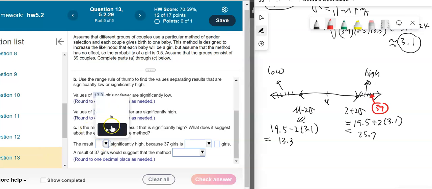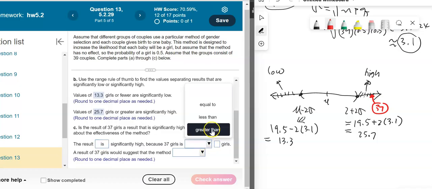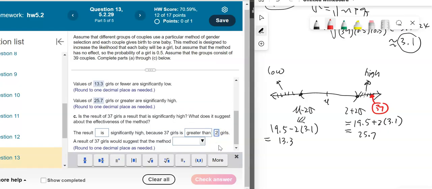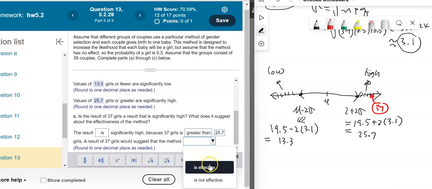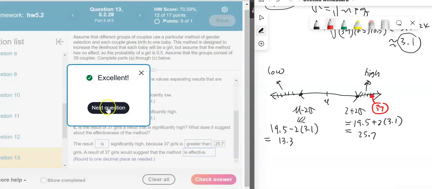The result is significantly high because 37 is greater than 25.7. The result would suggest that the method is effective, because it's significantly high.